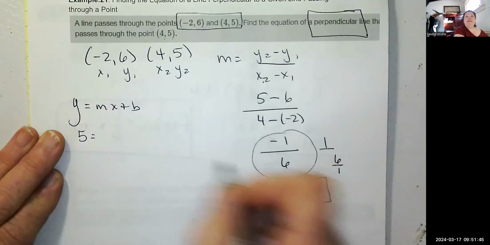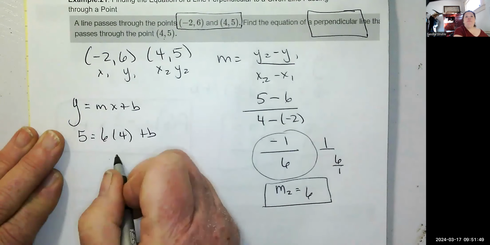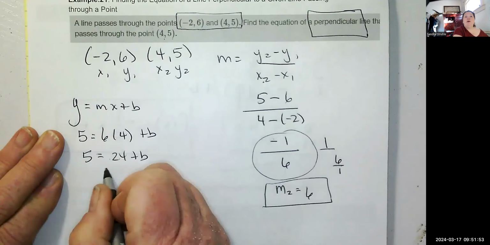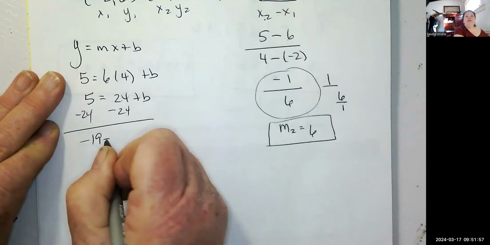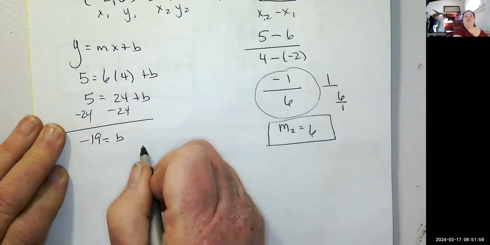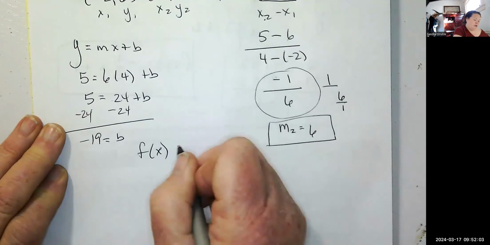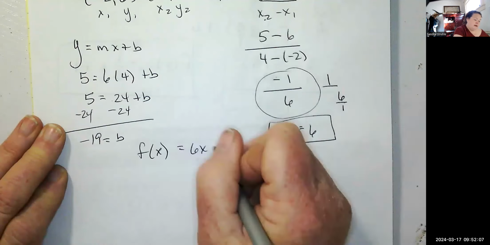The slope is 6. x is 4, plus b. 5 is equal to 24 plus b. Subtract 24 from both sides. We get -19 is equal to b. So the new function is 6x minus 19.